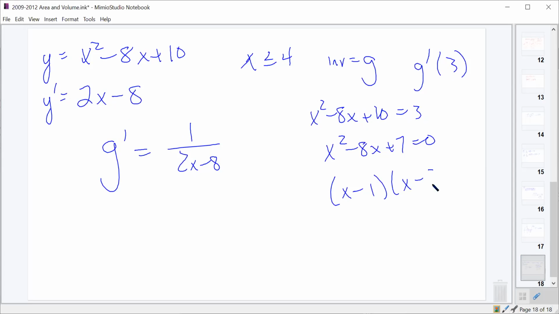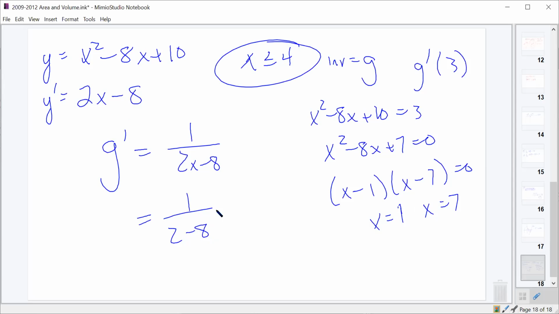Factor to x minus 1, x minus 7, and find that there are 2 places where that's the case. The one that we need to plug in is the one where x is less than or equal to 4, which is x equals 1. And we end up with negative 1/6. Does that make sense?